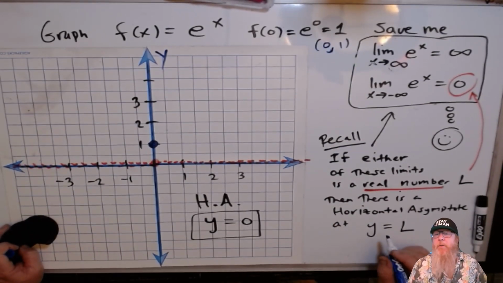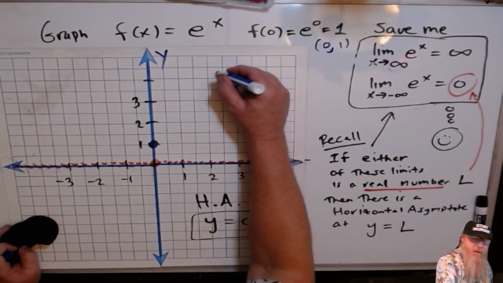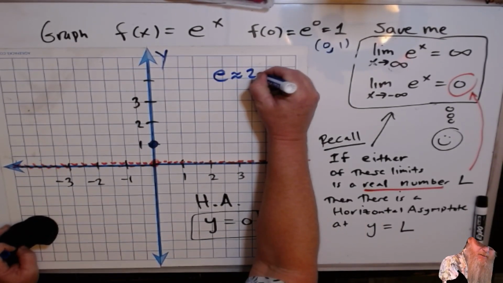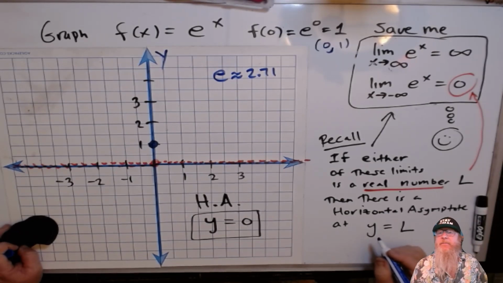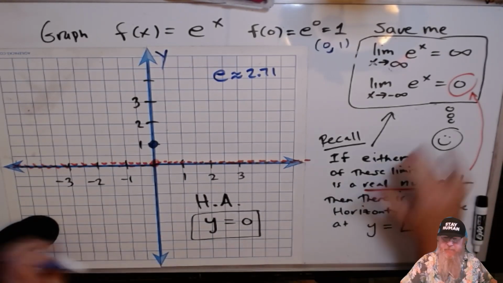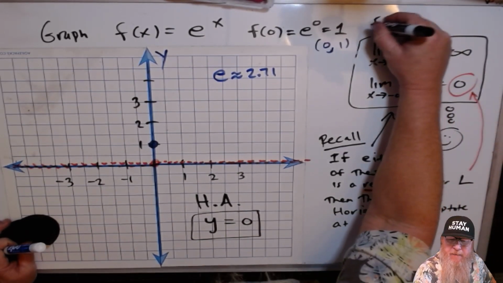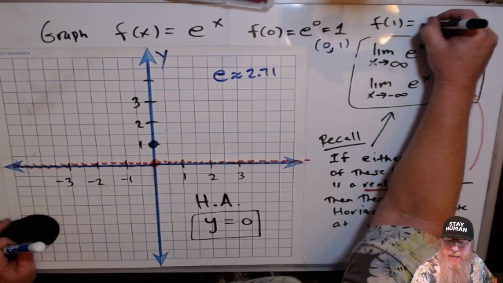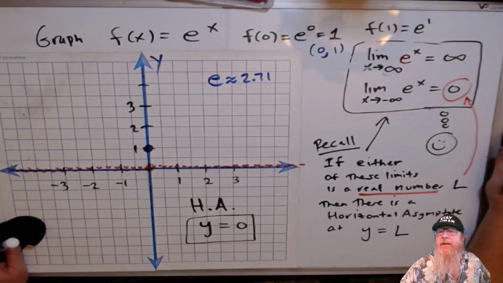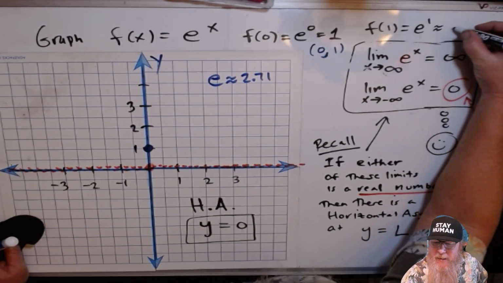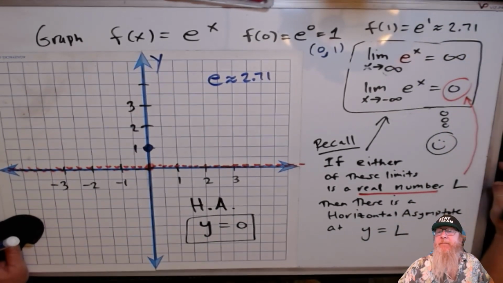Now we just need one more point, right? Remember, e is approximately 2.71. So f of 1 is e to the 1, which is approximately 2.71.